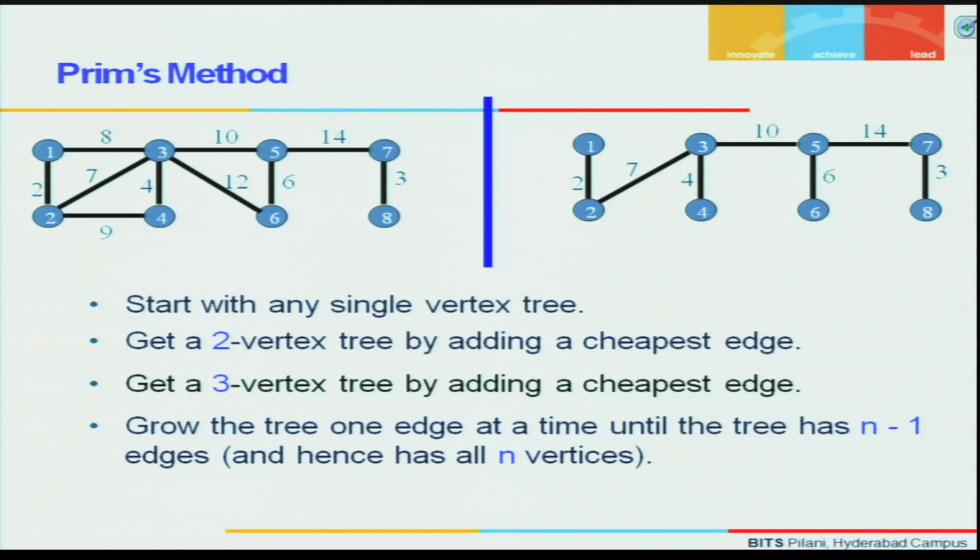And thus we have seen a couple of algorithms to find a minimum spanning tree of a given graph. And we have seen that if the weights of the edges of the graph are distinct, then the minimum spanning tree is going to be unique.